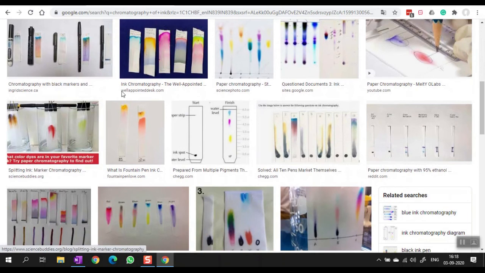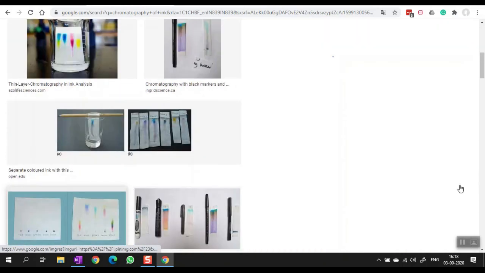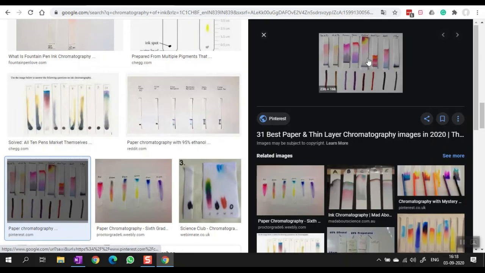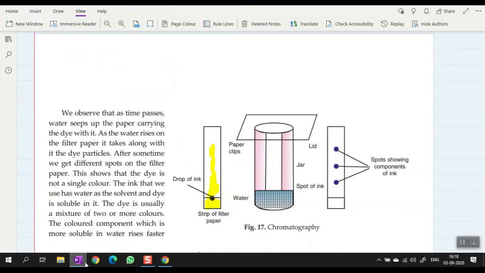See this, yeah, this one. This is a very nice sample of chromatography.